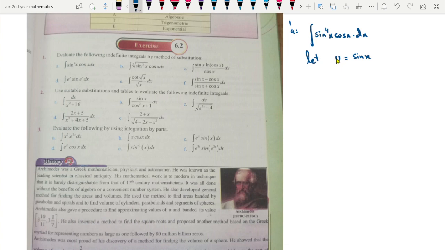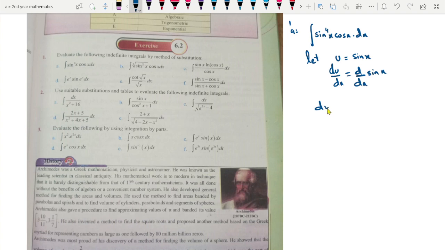You can also let it be t is equal to sine of x, or y, or z. Taking the derivative on both sides with respect to x, du divided by dx is equal to d divided by dx of sine of x.